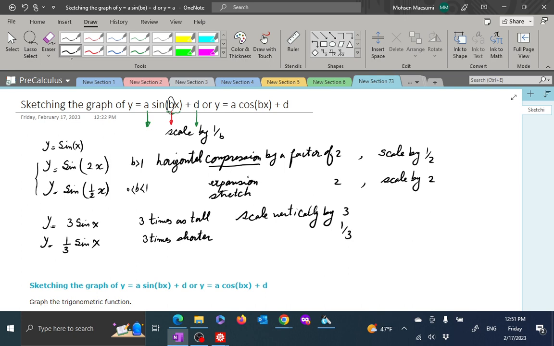Finally, if you have sine of x, say plus 2, this simply means up by 2. If you have both of these, a multiple in front and addition, just remember you do this one first and you do this one second.